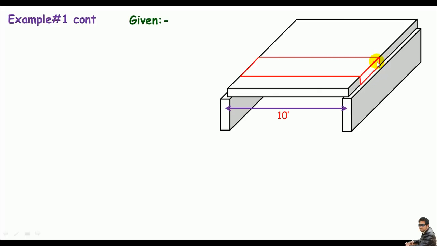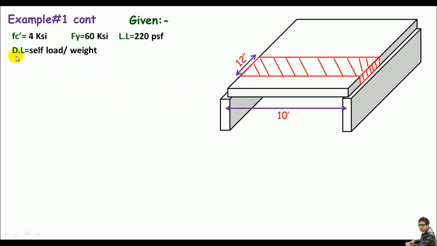The width of the strip will be 1 foot or 12 inches. So I'll design the slab only for 12 inches and then I'll apply the 12 inch design to our whole slab. Remember, we have f'c 4 ksi, fy 60 ksi, and live load is 220 psf.